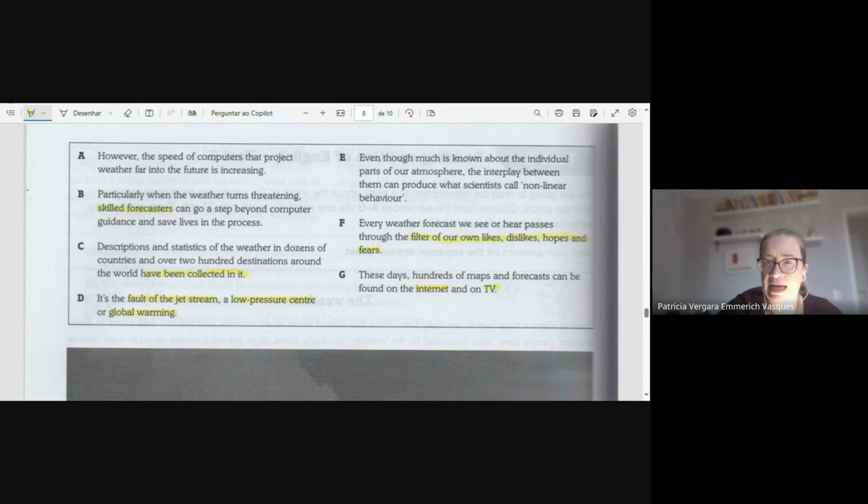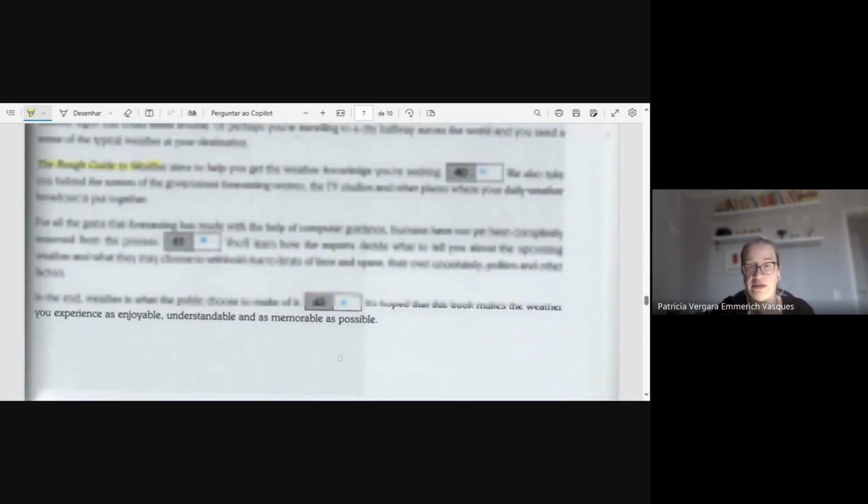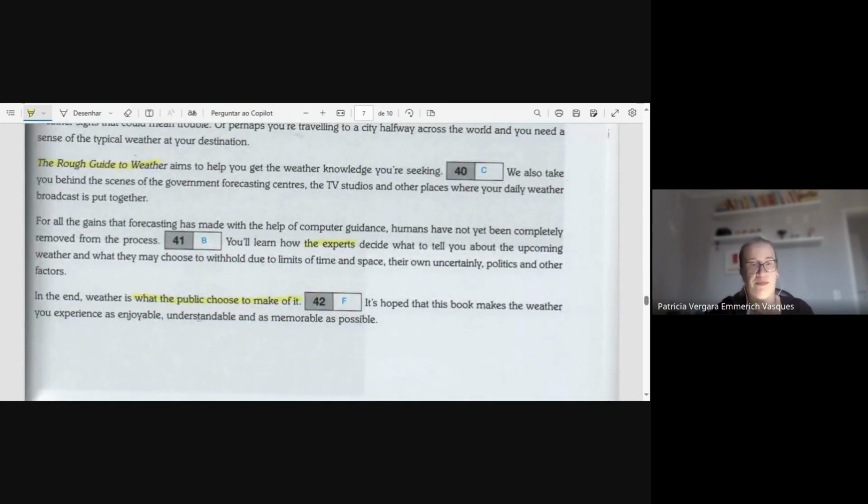They say that we have the tendency of, oh, I like this, I don't like this, I hope this, I fear this. And that's what they are saying here. It's hoped that the public choose to make. Yeah, so the decisions, the opinions that the public decides to make. It's hoped that this book makes the weather you experience as enjoyable, understandable, and as memorable as possible.